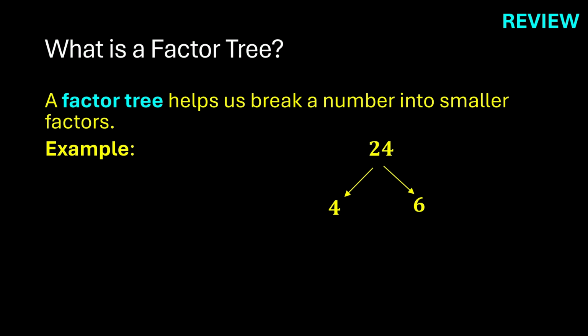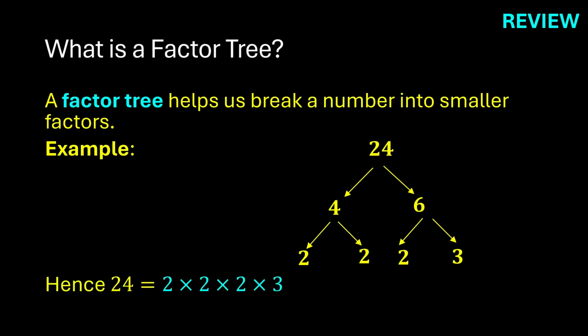So, 4 is equal to 2 times 2, both of these numbers are prime, and 6 is equal to 2 times 3. And both of these numbers are also prime. So therefore, 24 expressed as a product of prime factors is 2 times 2 times 2 times 3, as shown here.